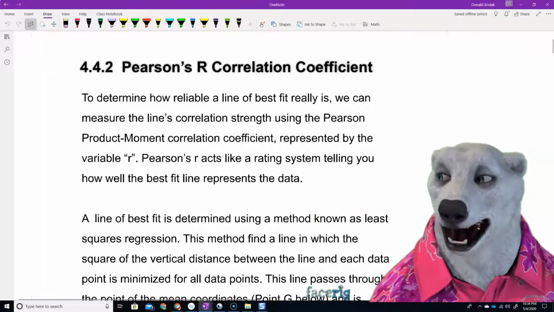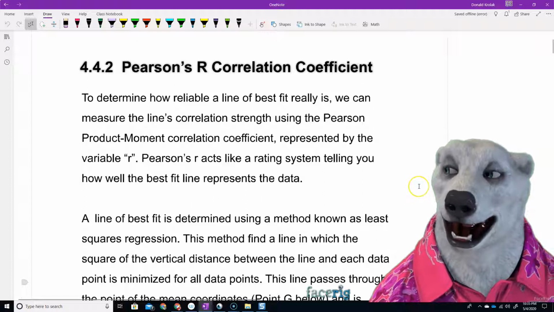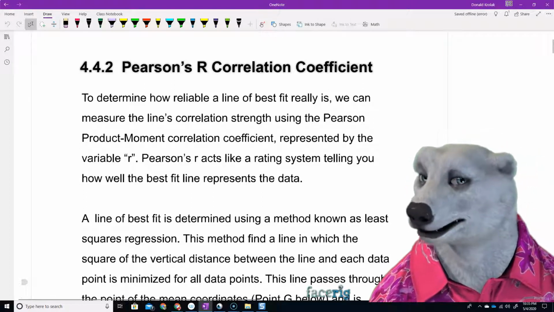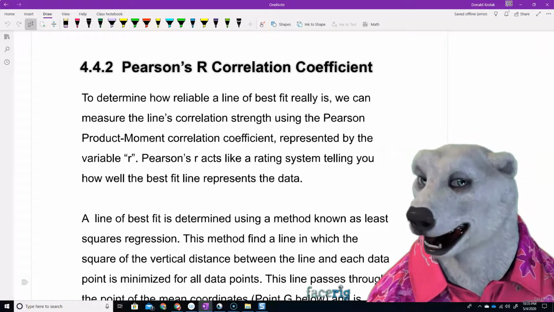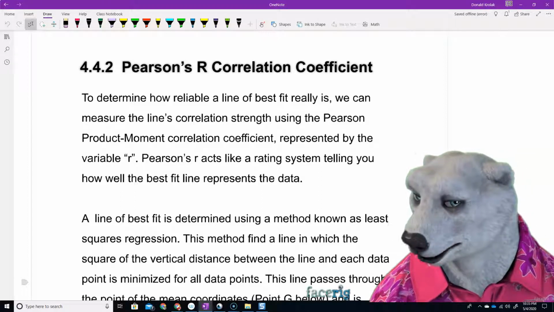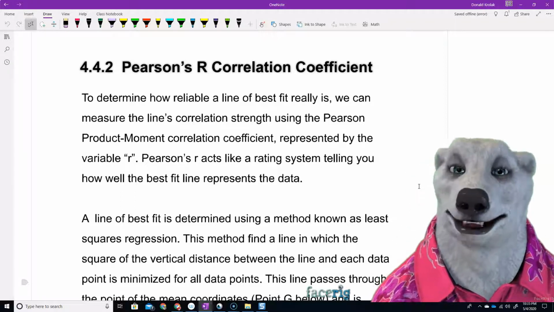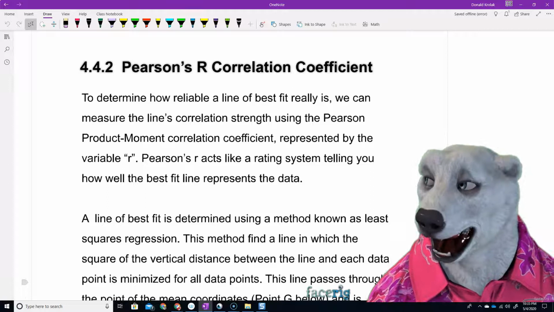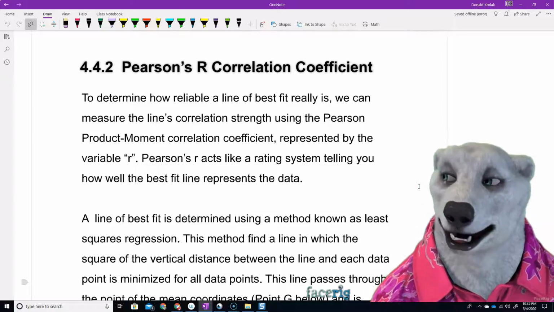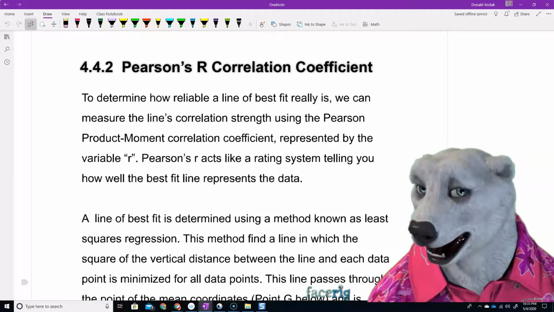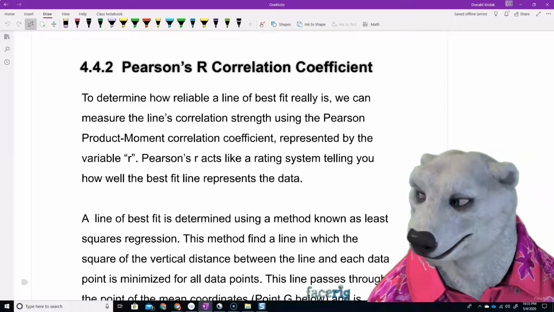You can kind of think of the correlation coefficient as like a rating system. It tells you how good your line of best fit is. It tells us how reliable the line is, how well it fits the data.